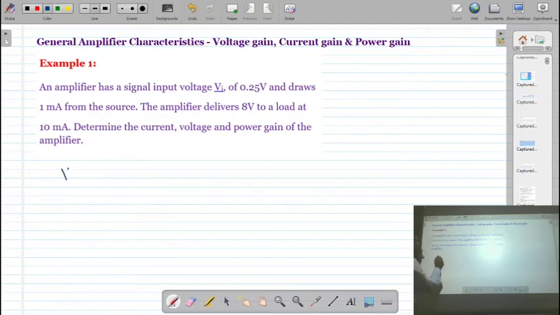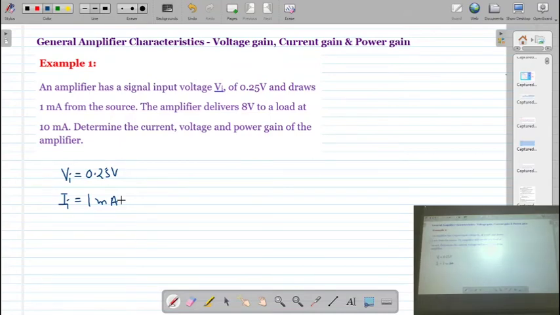The input voltage of the amplifier is 0.25 volt, and it draws a 1 milliampere current from the source. Draw the current means that current is going inside the amplifier. So that is nothing but the input current of the amplifier. It is 1 milliampere.